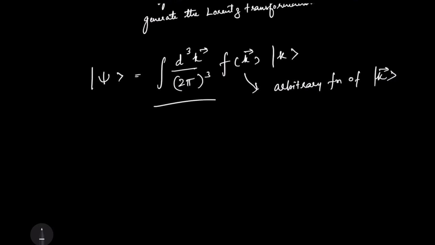By choosing an appropriate function f of k, you can construct a local wave packet, a wave packet that is localized in space.